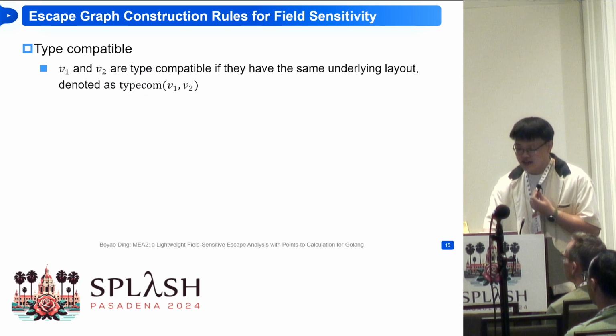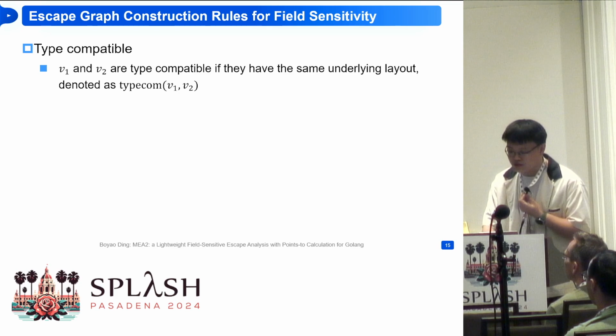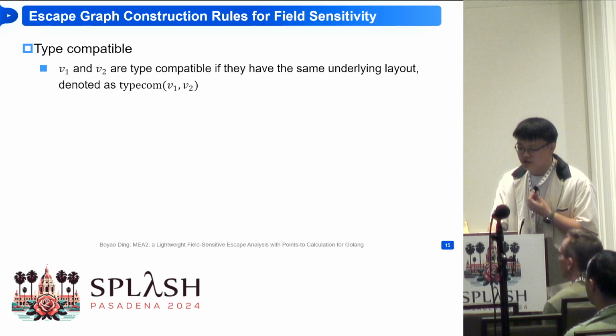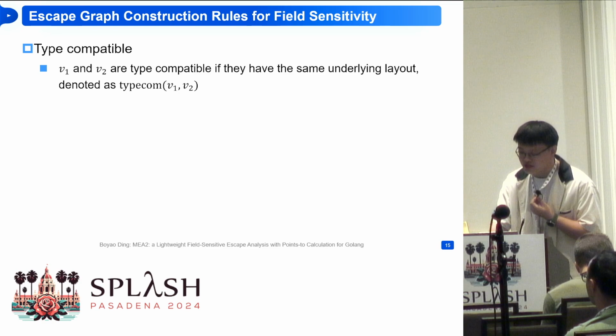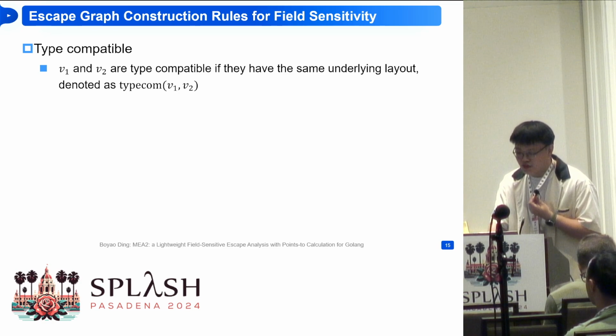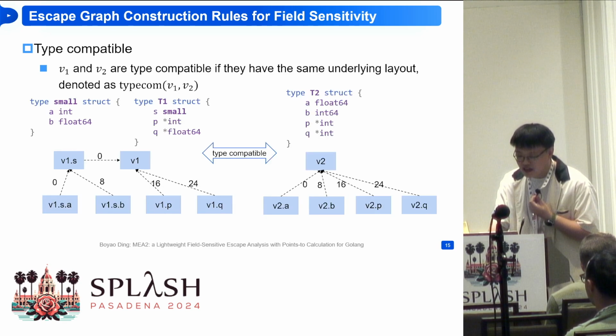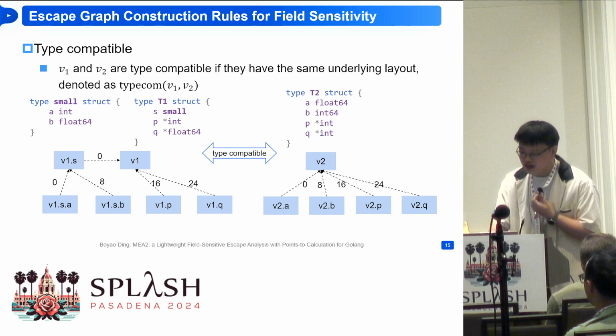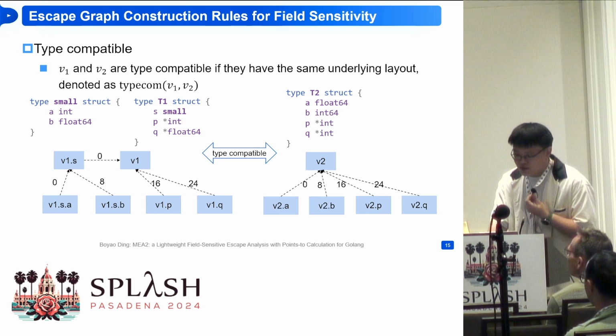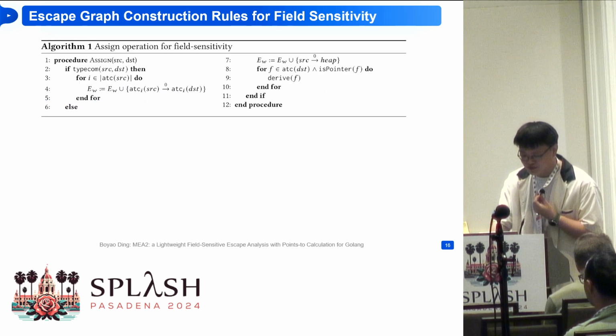Next, in the context of field sensitivity, we will need to introduce the concept of type compatibility first. We say that variables v1 and v2 are type compatible if they have the same underlying data layout. For example, although v1 and v2 have different types, they have the same size for each underlying data field and can be converted to each other. Thus, we say they are type compatible.